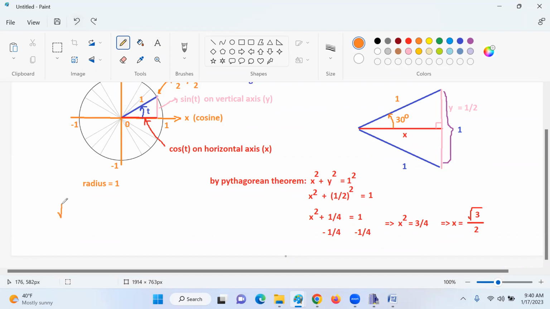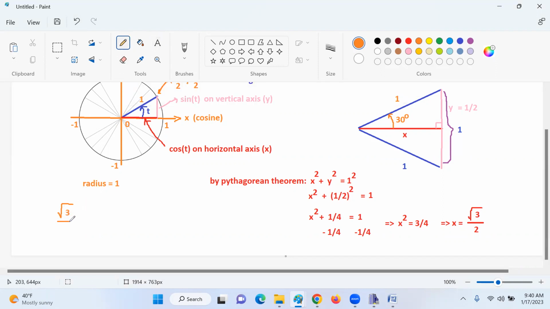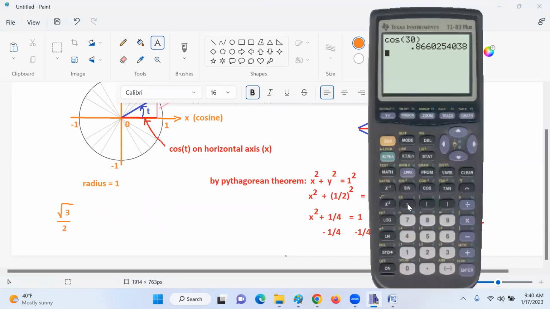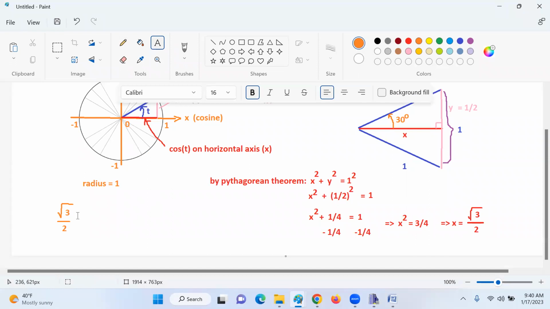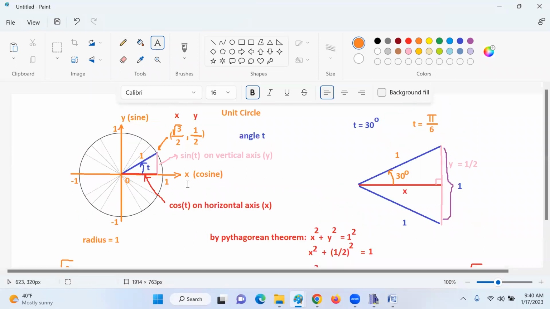So we can try it. Okay, so this is radical 3 over 2. When you put it on a calculator, you take radical 3, and then we divide it by 2. So that is 0.866. Right? So this must be correct for the index.